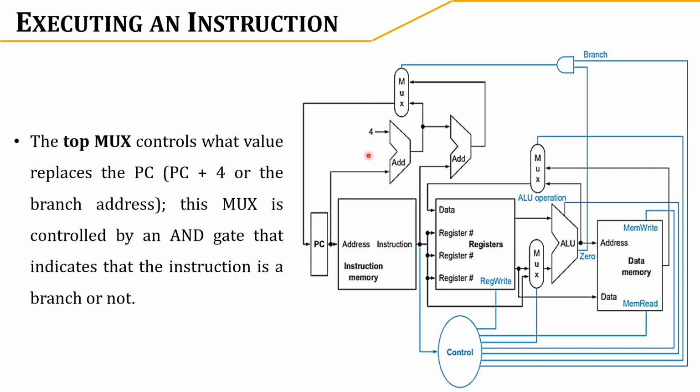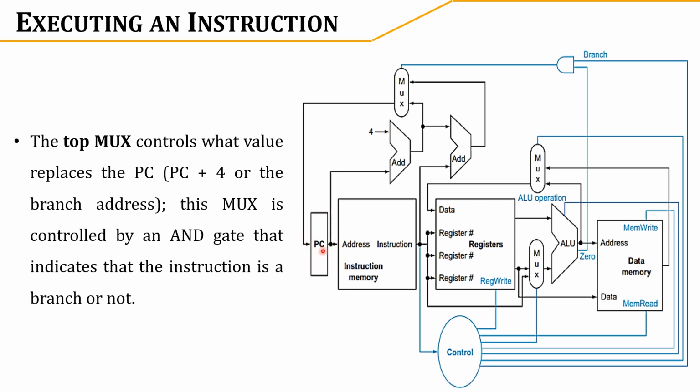When we look into this diagram, we can see that various multiplexers are used here. The top multiplexer controls the value that replaces the program counter. The program counter can be updated with the address of the next instruction, that is the content of the PC plus 4, or it can be updated with a branch address.